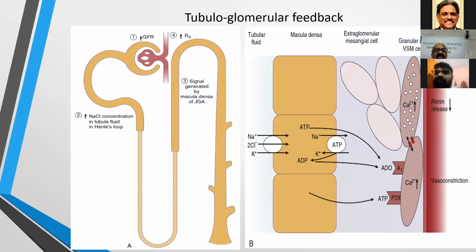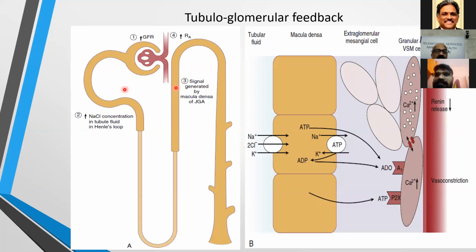The next point we need to know is that there's a tubuloglomerular feedback. That means that the functions of the tubules and the glomerulus are interconnected by a feedback mechanism. Whenever there is increased sodium chloride concentration in the tubular fluid in the loop of Henle, a signal is generated by the macula densa.